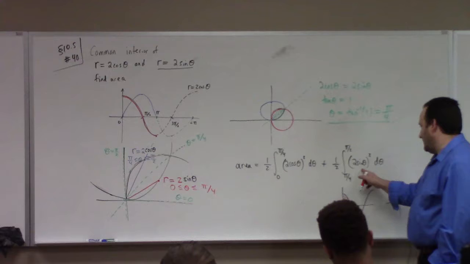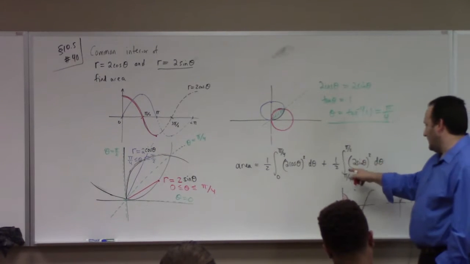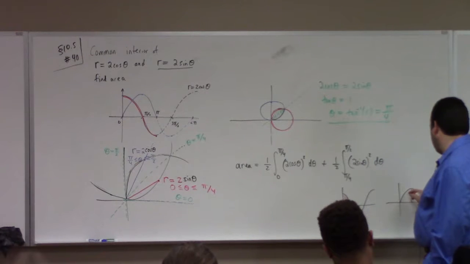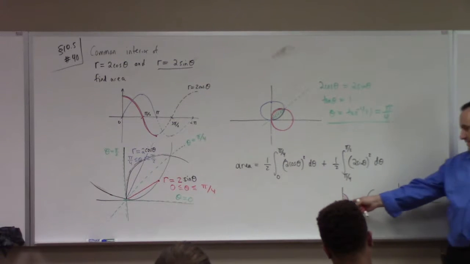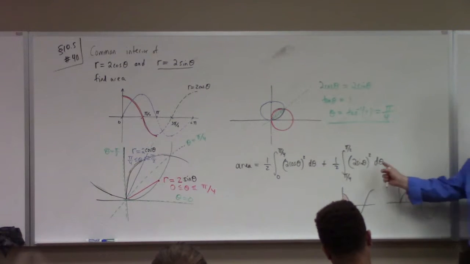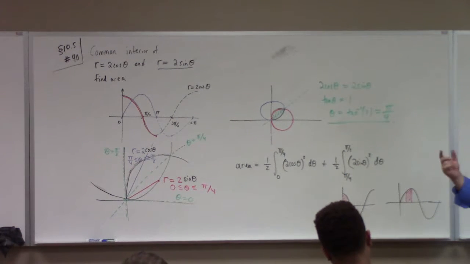Sine theta goes from pi over 2 to pi over 4. It's this part of the graph squared. So the values we're squaring are the same set of values, so these integrals are equal. So you can double either one.